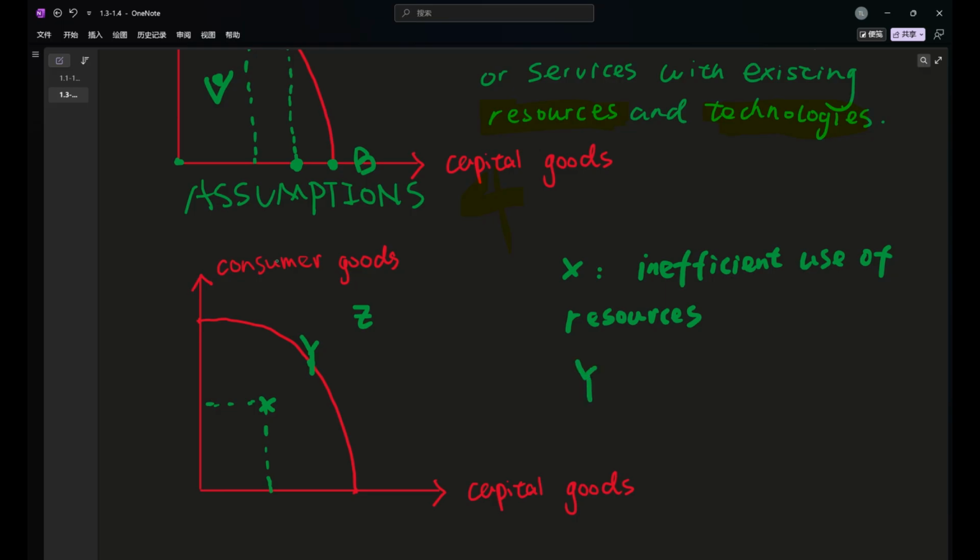What about point Y? So point Y actually means efficient, actually maximum efficiency of resources. Use everything you can use. It's a maximum.